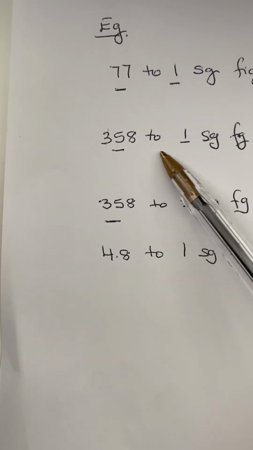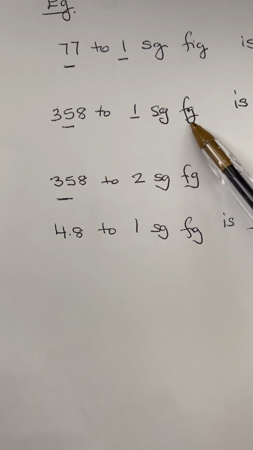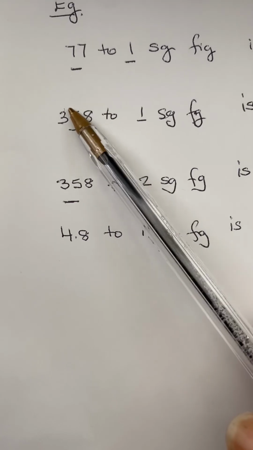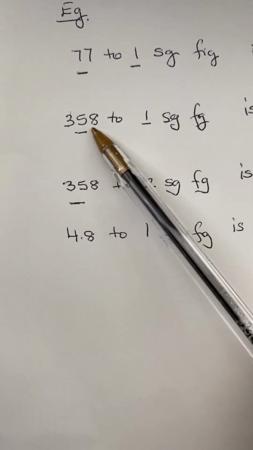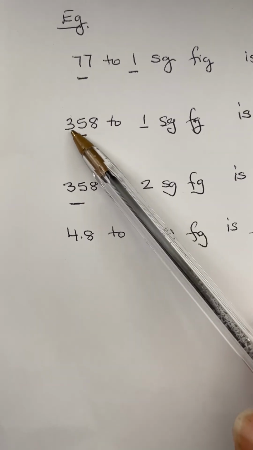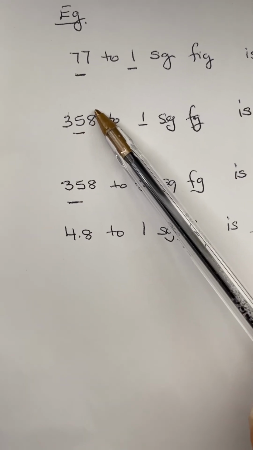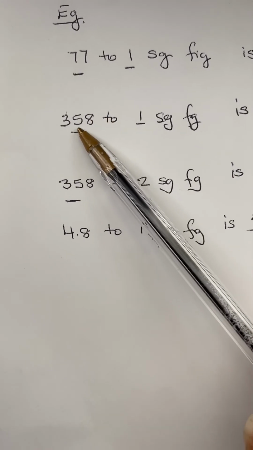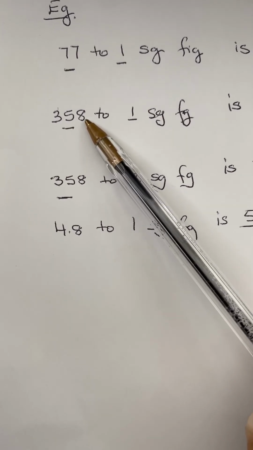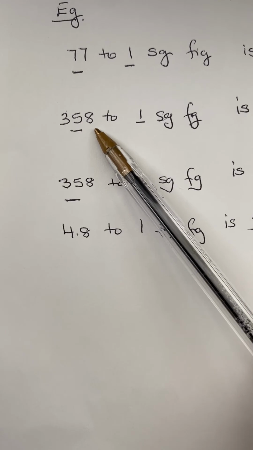358 to one significant figure. Again, this is 3 significant figures, 358, but we need to put it into one significant figure. And the 58 here is greater than 50.